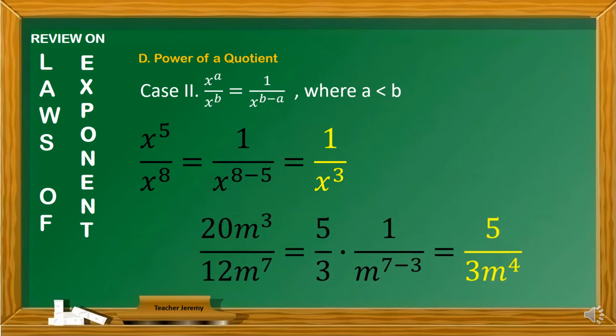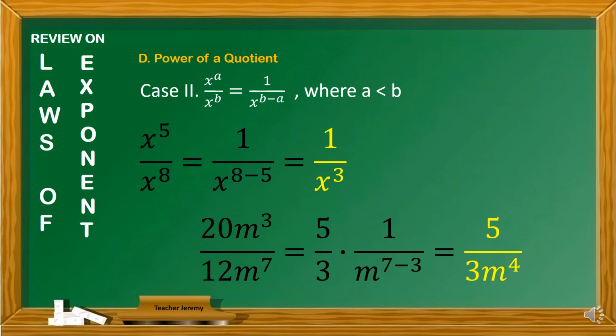Next, 20m cubed divided by 12m raised to the 7th power. As you notice, class, the exponent of the denominator is greater than the numerator, meaning you are going to get the reciprocal of your answer later. So, 20 over 12, if you simplify that, is 5 over 3.